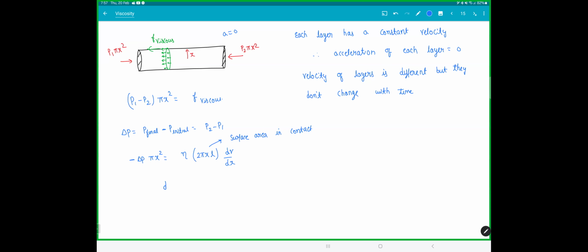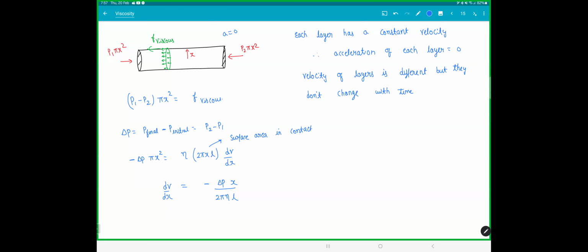So from here, actually the third question came directly. So dv by dx, that is the velocity gradient, is minus delta p, pi will cancel, one x also will cancel, delta p x by 2 pi eta l. That's your velocity gradient, everyone. It's not a linear function. It is changing with position. It's not a constant.